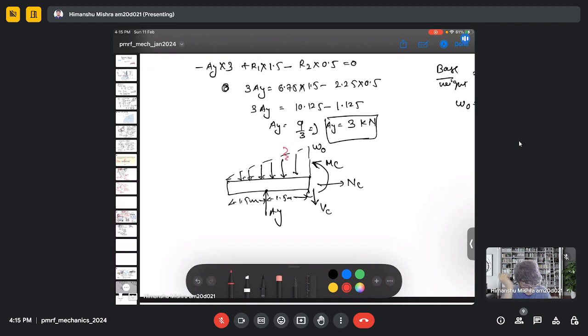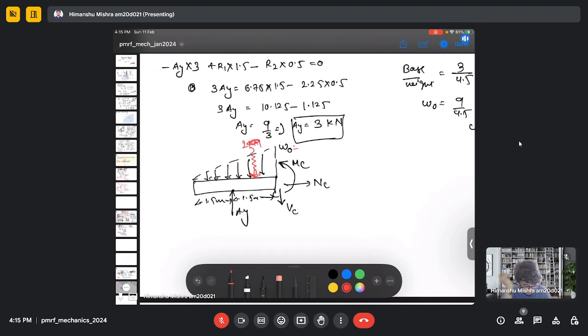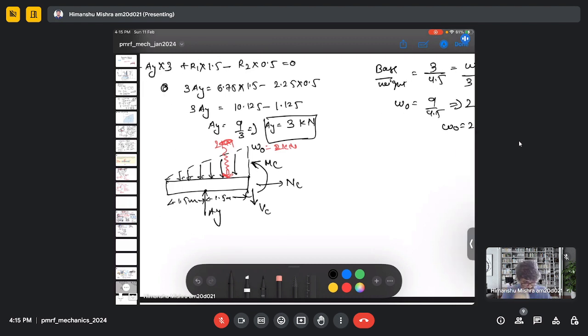So there will be a resultant force here, which is 2 kilonewton. Sorry, W naught is 2 kilonewton per meter. So to find the resultant force here in this part of the beam, we have to take the area, which is W naught multiplied by 3, which is the total distance.